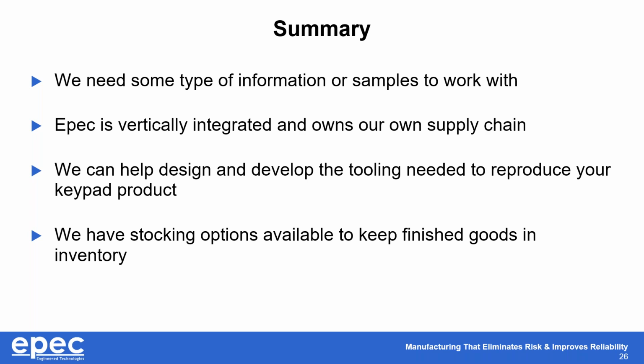This helps us get to market faster with less risk and helps give you, our customer, real-time design feedback. We can help design and develop the entire product, starting from the initial concept to the actual product itself, to all the tooling and manufacturing equipment that's needed to reproduce your keypad and other product.